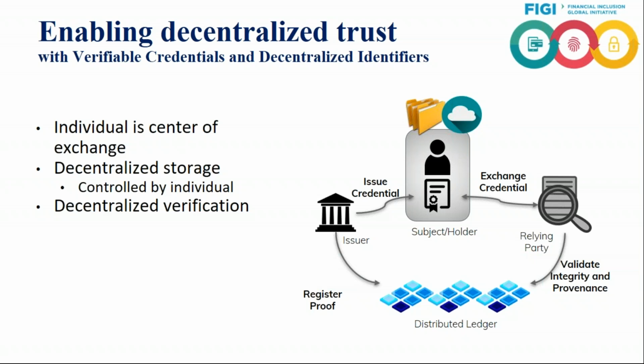So this exchange credential line is referring to, if it's a verifiable credential, say I might be presenting it on my phone, but then the relying party would be suspicious, like maybe I tampered with it, right? So maybe it's just an image.